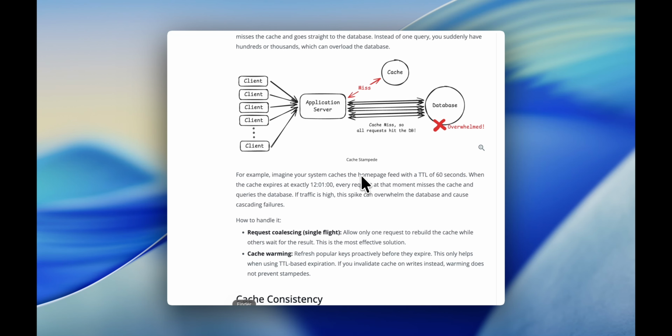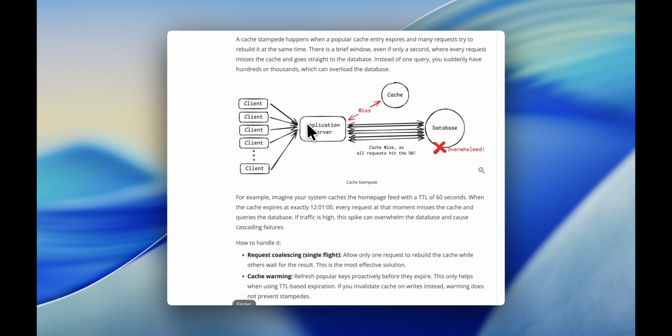For example, we have a home feed with a TTL of 60 seconds. This home page feed can be of any website, say the home page of a popular newspaper, and we are caching the news for 60 seconds. Now the cache expires after 60 seconds and hundreds of users simultaneously try to access your application server to watch the news.